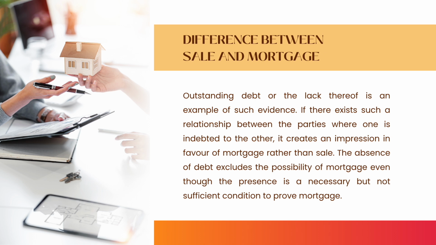If there exists such a relationship between the parties where one is indebted to the other, it creates an impression in favor of mortgage rather than sale. The absence of debt excludes the possibility of mortgage, even though its presence is a necessary but not sufficient condition to prove mortgage.